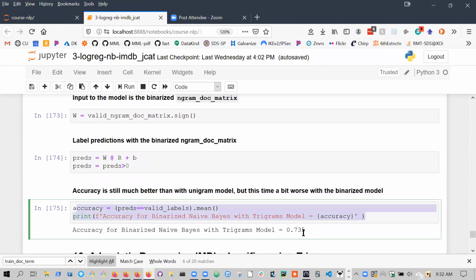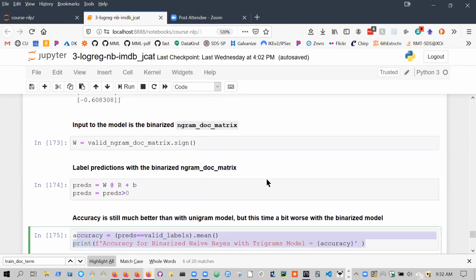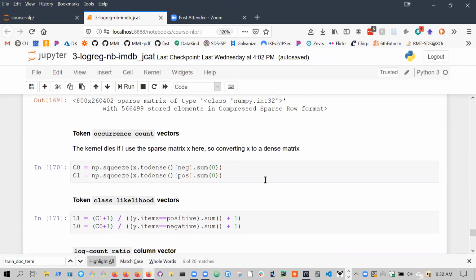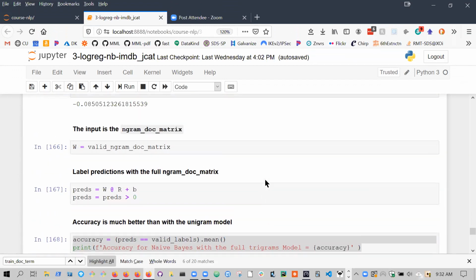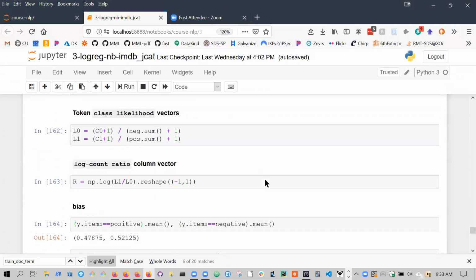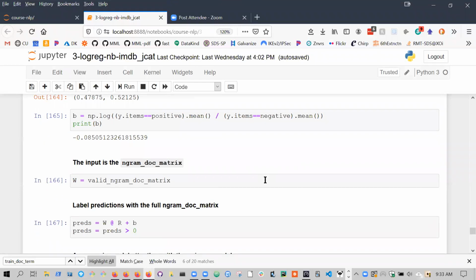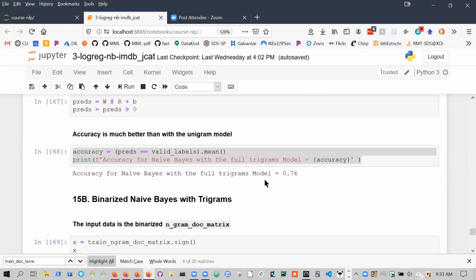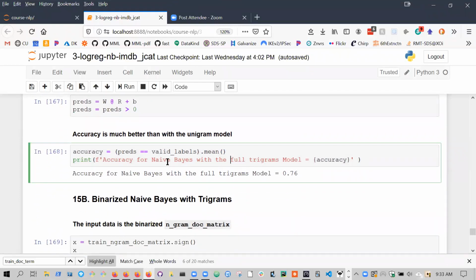Binarized naive Bayes is 0.735. Then what was the other one that I just saw? Go back. 15A is naive Bayes with trigrams. Predictions, accuracy of naive Bayes with full trigrams model, 0.76.